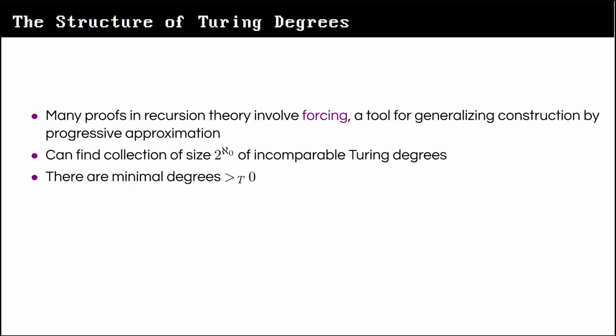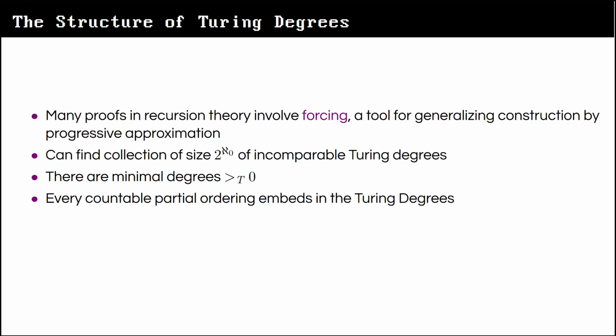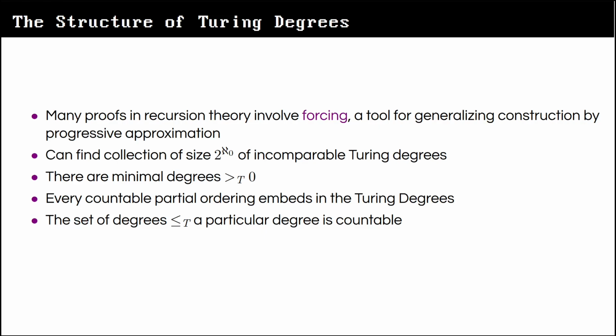There are minimal degrees, so degrees that are strictly above 0, but there's no degree in between them and 0. Every countable partial ordering can be embedded in the Turing degrees, so you can find all sorts of configurations in there. And the set of degrees computable from a particular degree is countable.